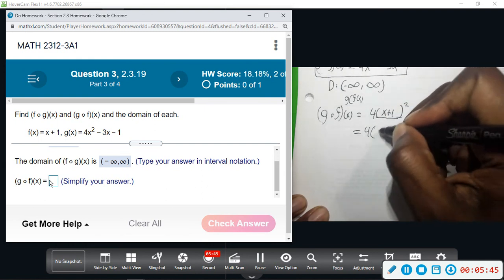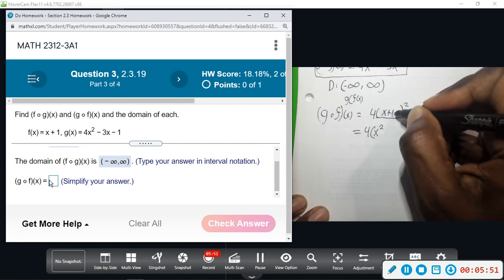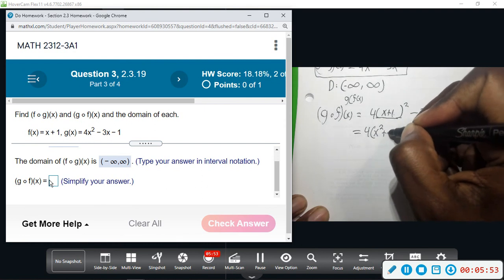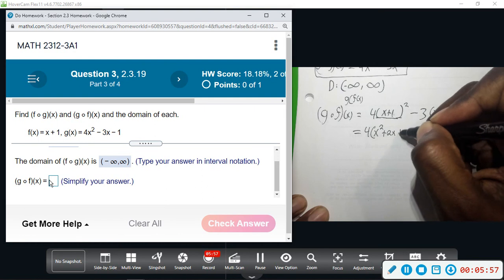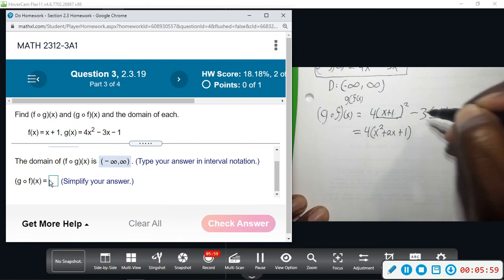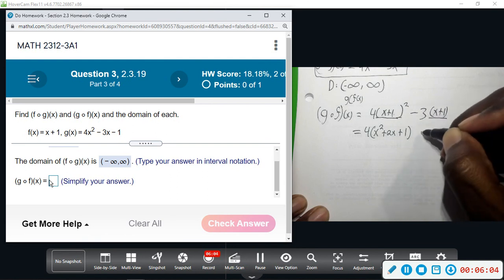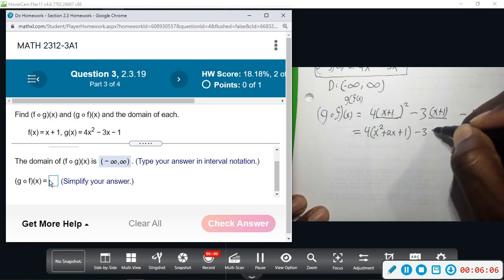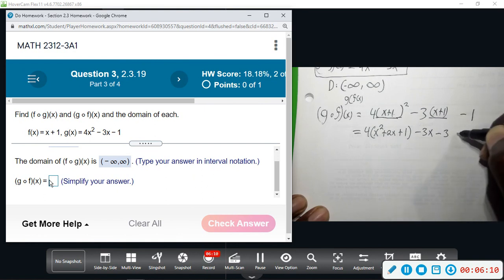I will get, you square the first term, x squared, multiply the 2 in the middle and double. So that's 1x, double it, it would be 2x. And then square the last term. So 1 squared is just 1, positive 1. And so I've squared this, and then distribute the negative 3. So minus 3x minus 3, and then bring down the minus 1.